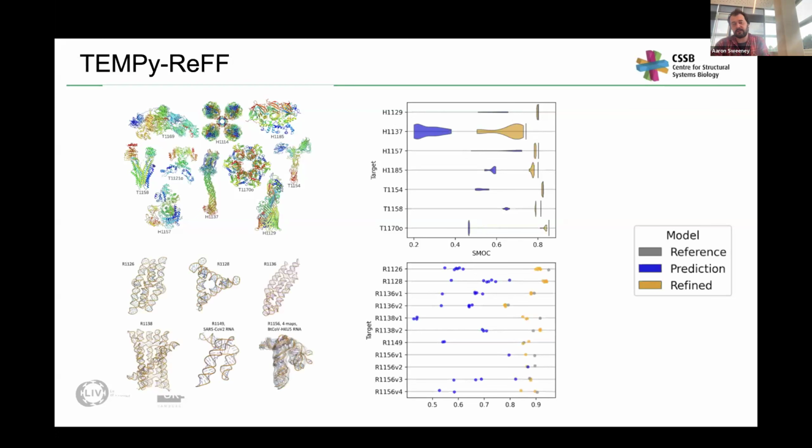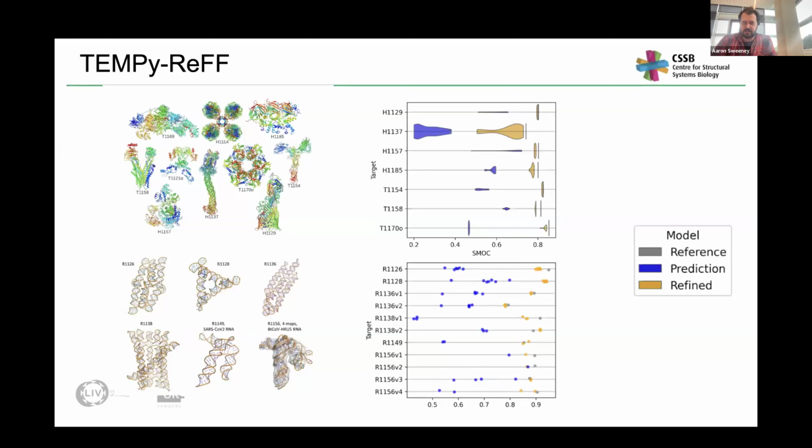What was quite exciting in CASP15 was that it was also the first time that RNA structure prediction was part of the competition. And here we can see a few different RNA targets. Some of them are natural RNA structures, and some of them are synthetic constructs.